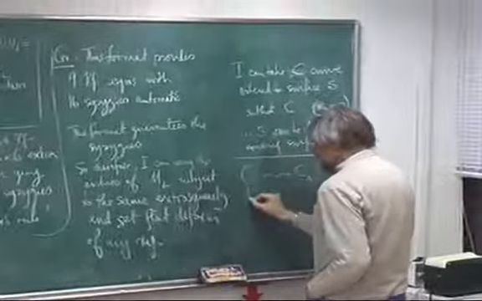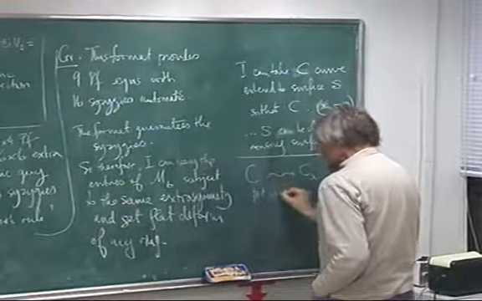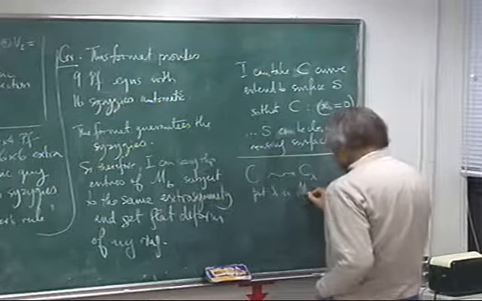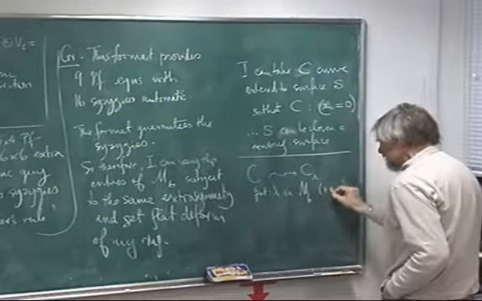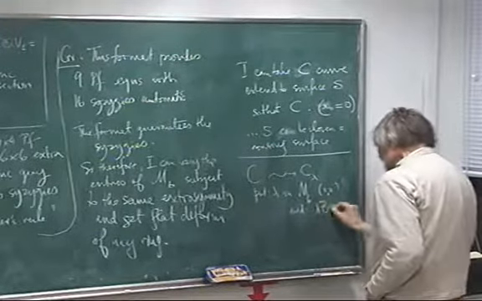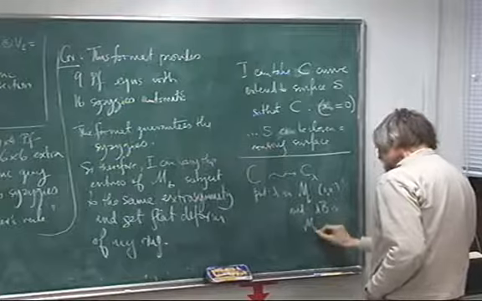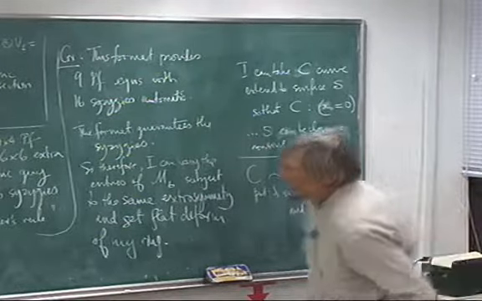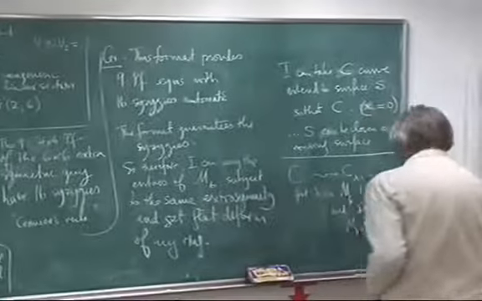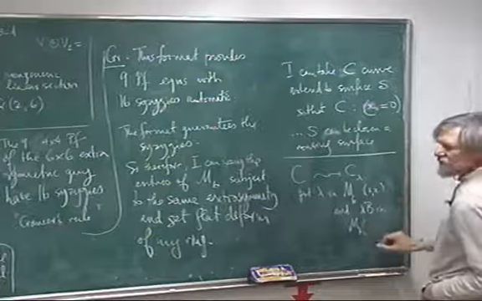So put lambda in this matrix, whatever it's called, M6, 1, 2, and lambda B in M6 of, is it 4, 5? 4, 5.